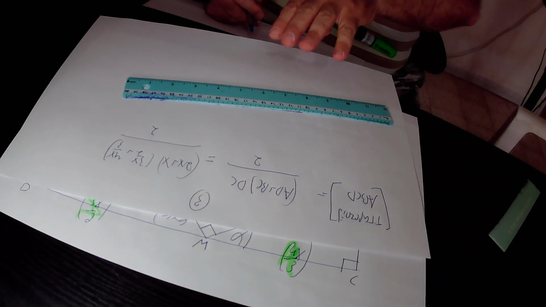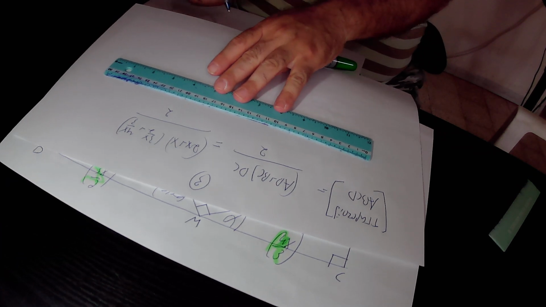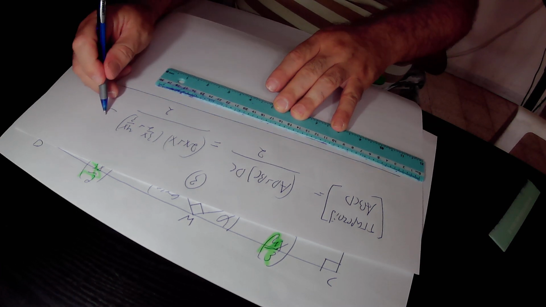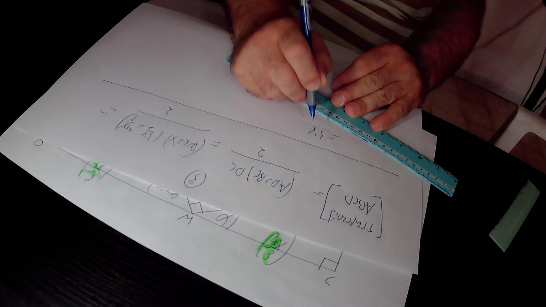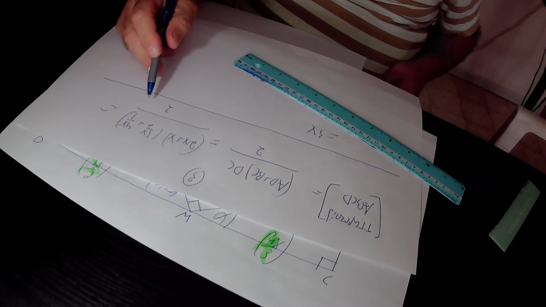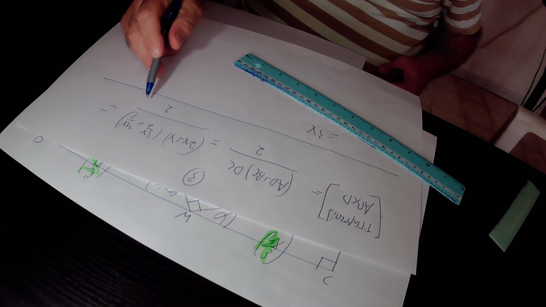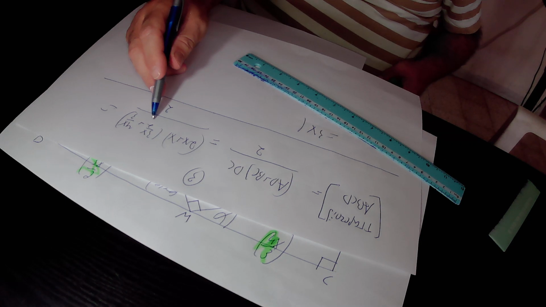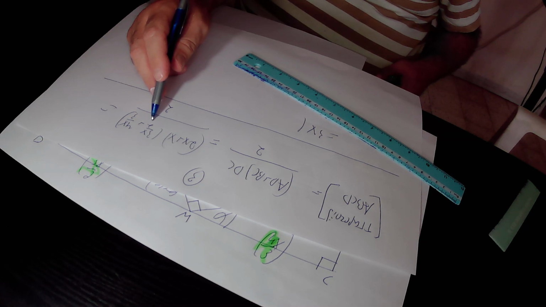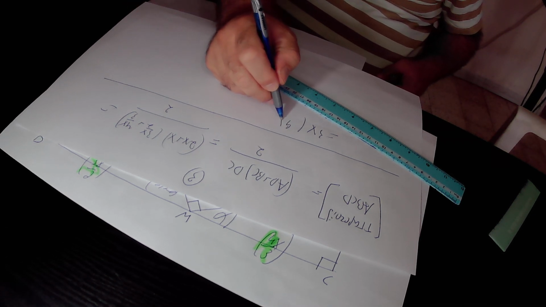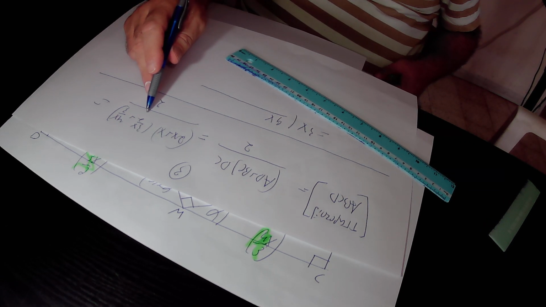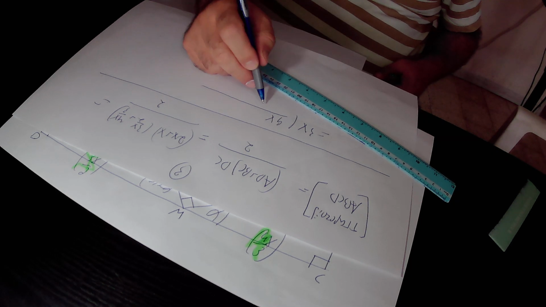Two x plus x is 3x. And we have here, inside the brackets, 3x over 2 plus 4x over 3. So we will multiply both the numerator and the denominator of this expression by 3, and we get that 3x times 3 is 9x, and 2 times 3 is 6.